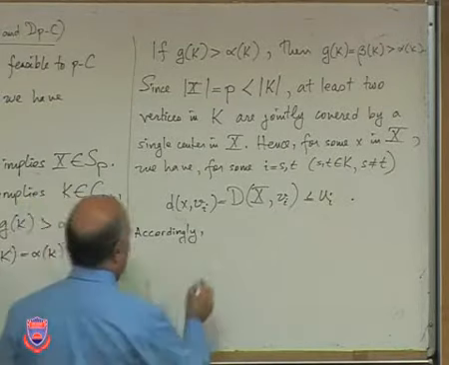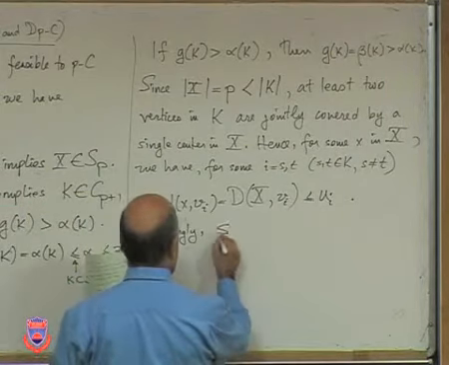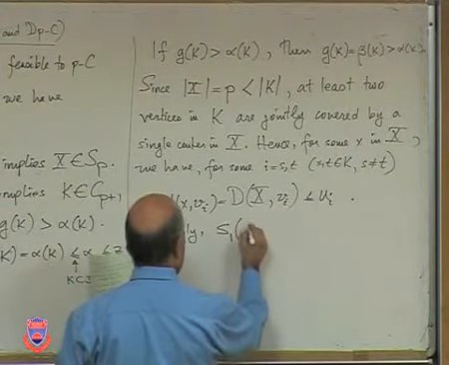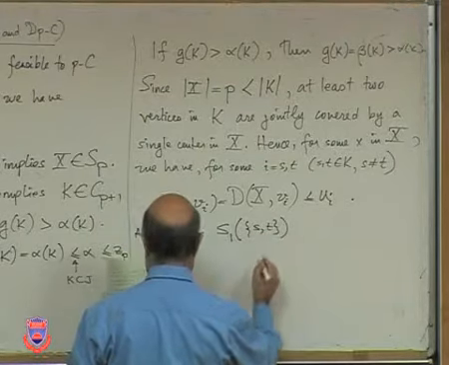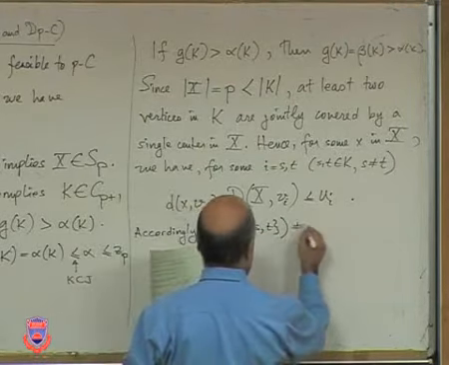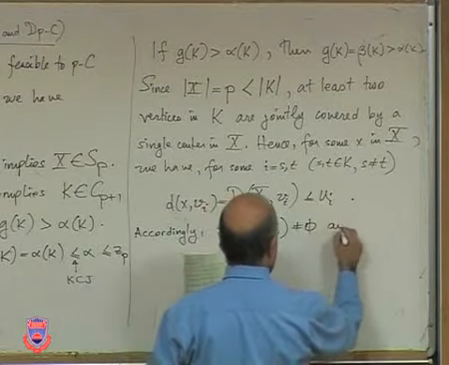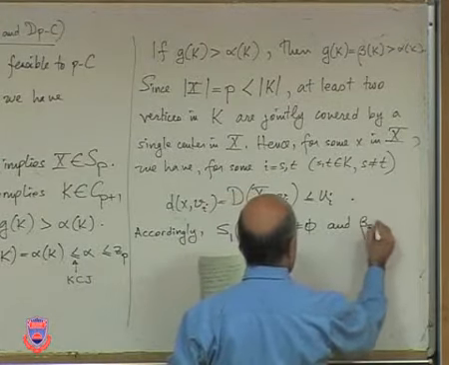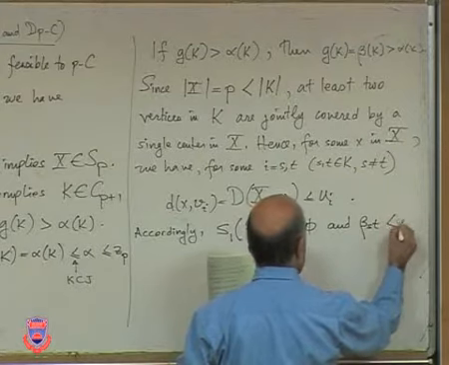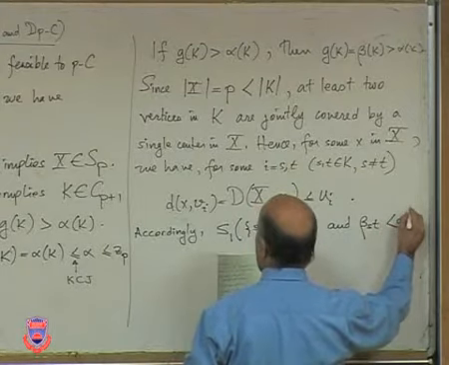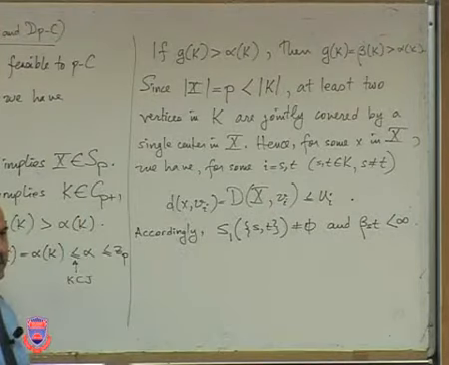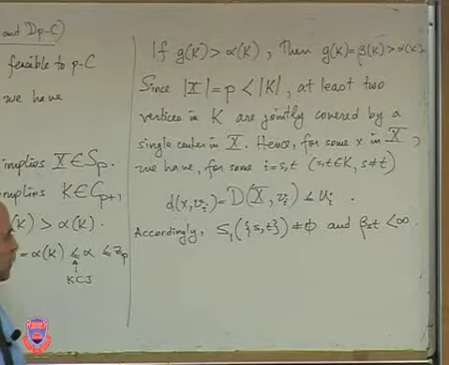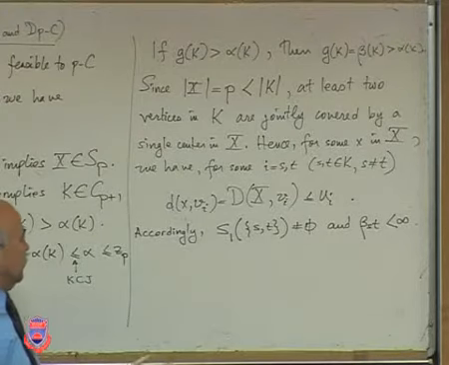Accordingly, of course, the S1 set relative to S and T is non-empty, which means the beta value is finite. First, I'm establishing the finiteness of beta ST. Does everybody follow what I'm doing?